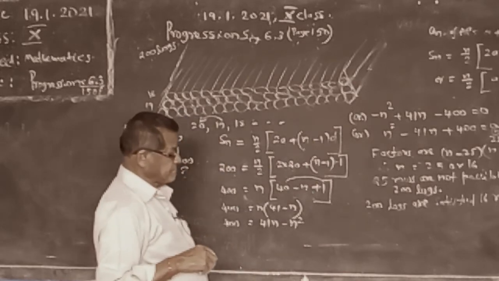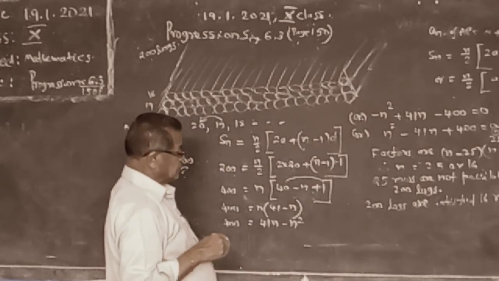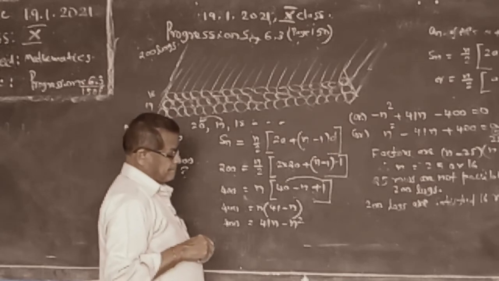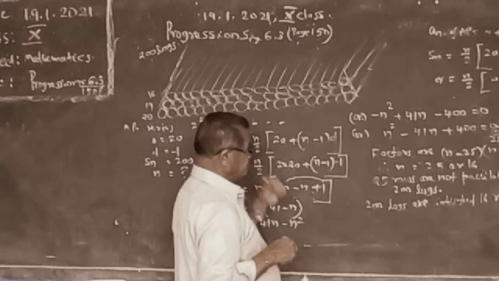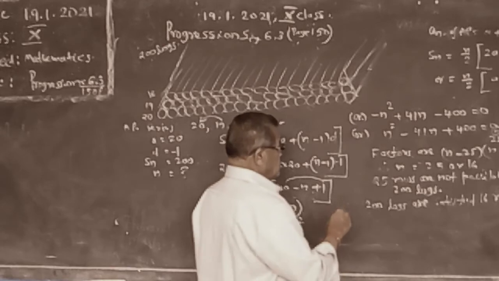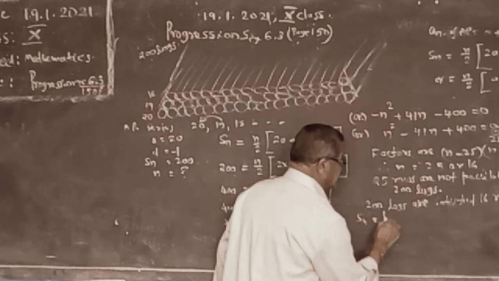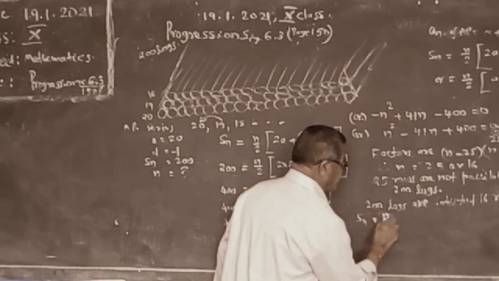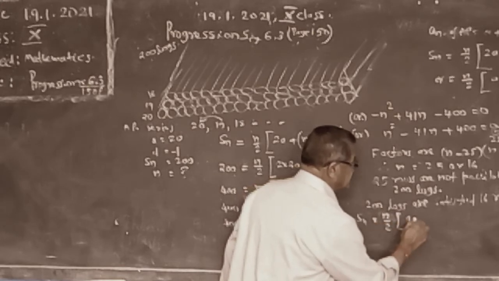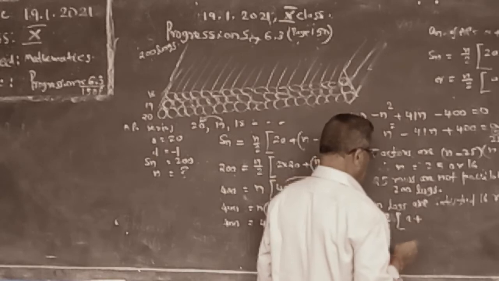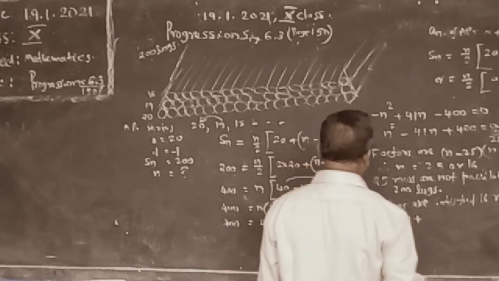Now let us find the last term. Sn is equal to n by 2 of a plus l, where l is the last row.